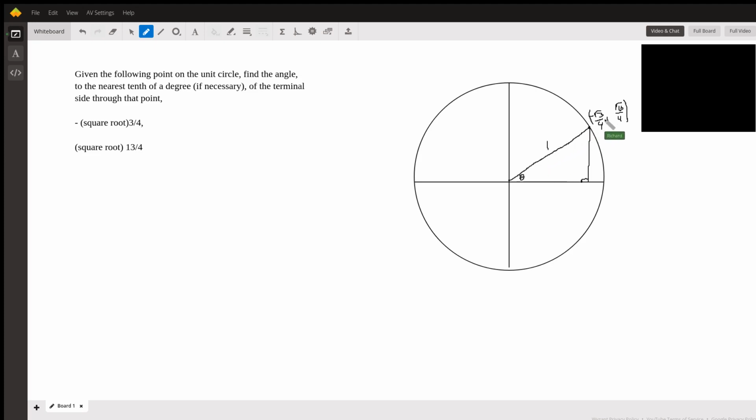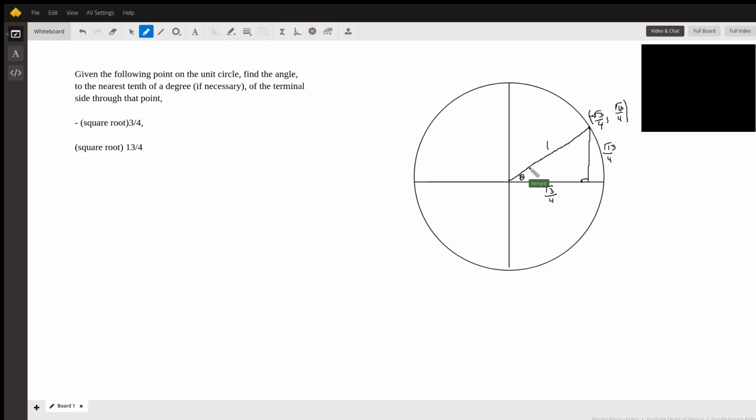And the cosine of this thing is the square root of 3 over 4 here, and then this would be the square root of 13 over 4. Cosine and sine.